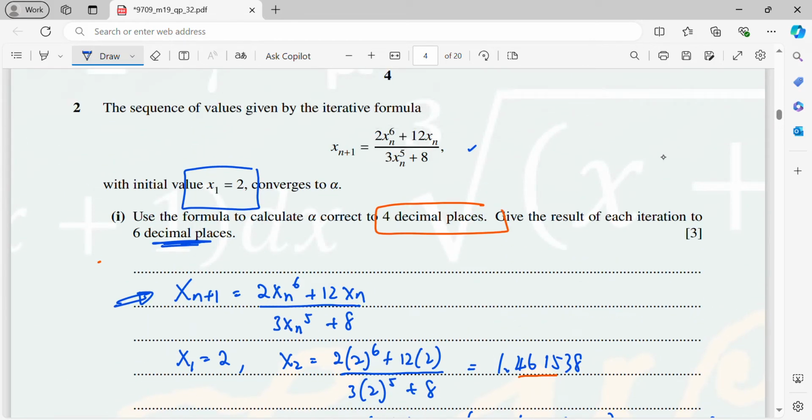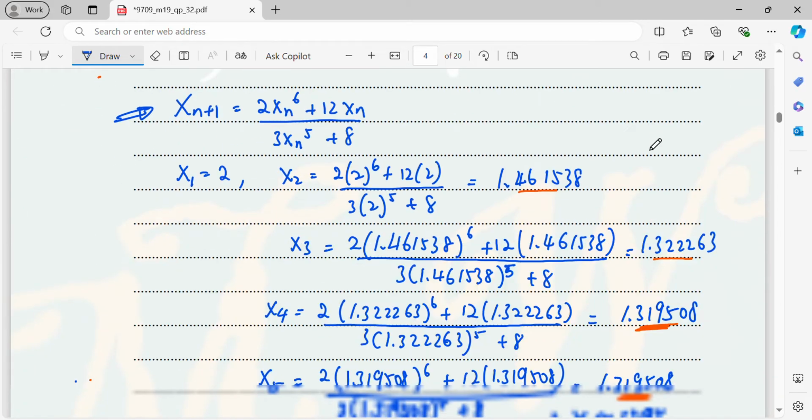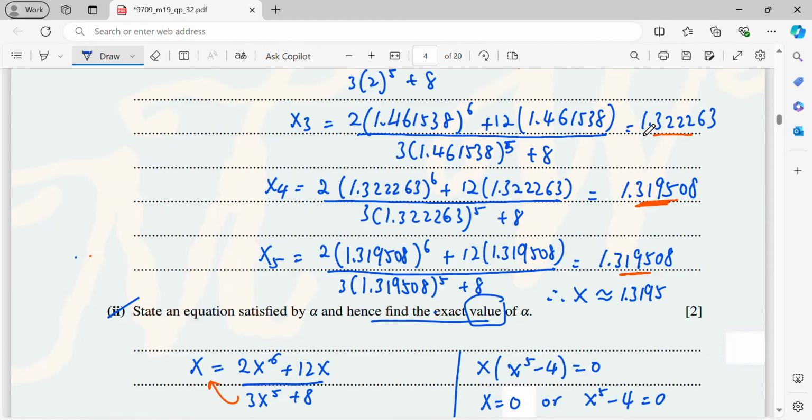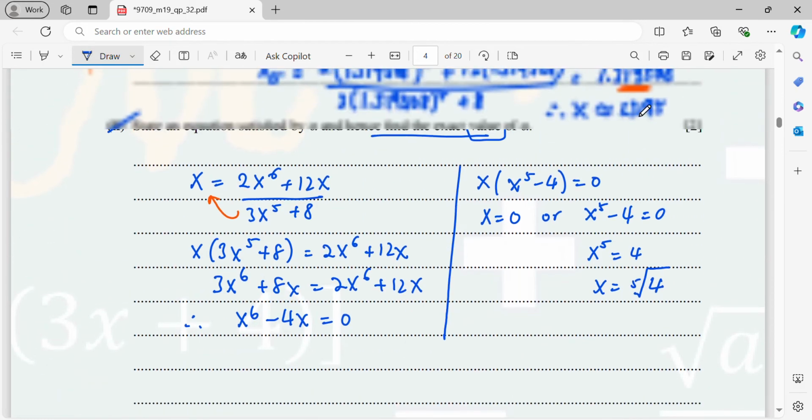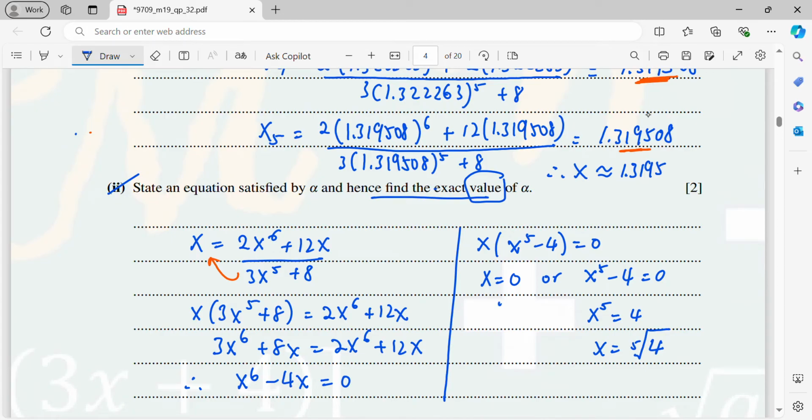So from here we know that it will converge to alpha, and then we substitute, we start with 2. Okay, so then from here when you look at the formula, basically when you replace the x by 0, then the x equals to 0, means that there's no solution because we know that this is satisfied by alpha, means that you need to get one value.